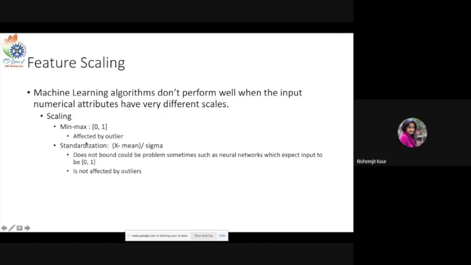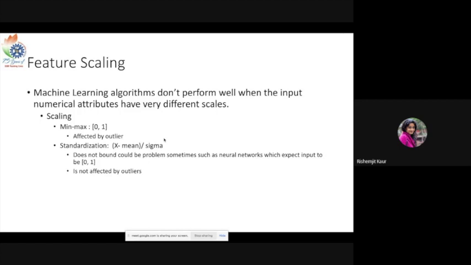The second is standardization, where we normalize it so that its mean is 0 and the standard deviation is equal to 1. We subtract all the values of a variable by its mean and divide by its standard deviation. It is generally not very much affected by outliers, and it also does not bound the values into 0 to 1, which sometimes may be a problem for some of the algorithms, right?